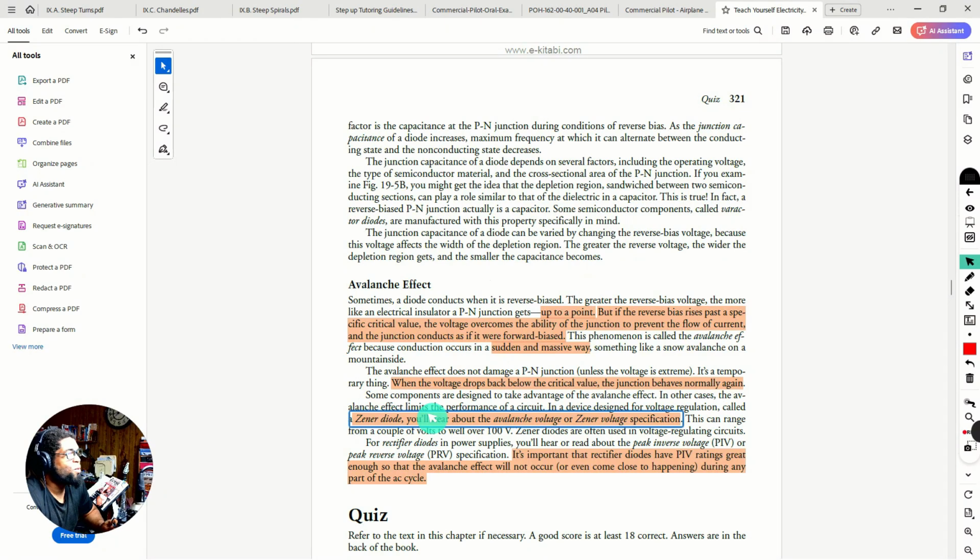So let me go on here. This phenomenon is called the avalanche effect because conduction occurs in a sudden and massive way, something like a snow avalanche on the side of a mountain.